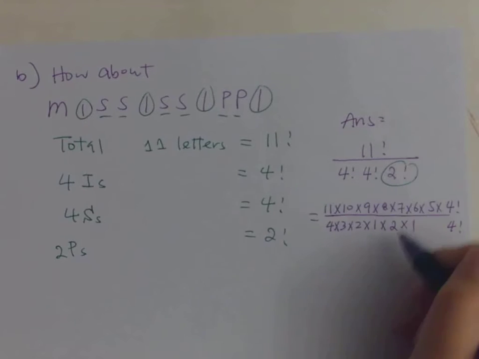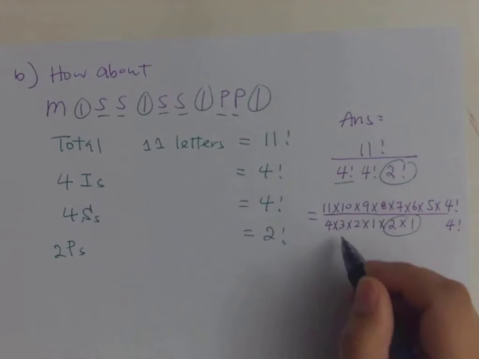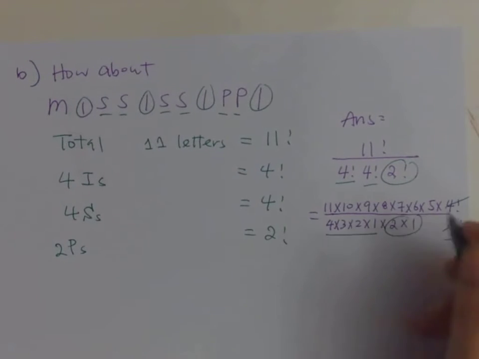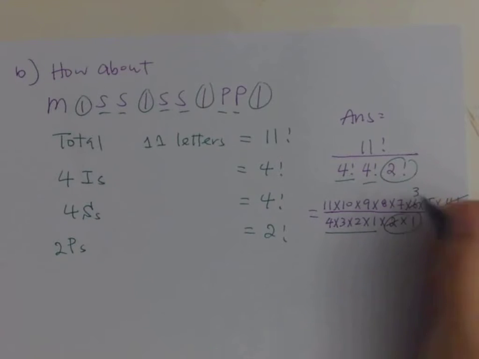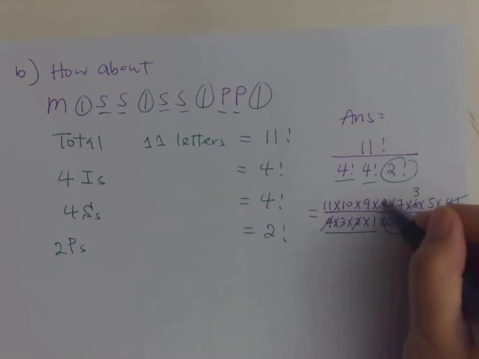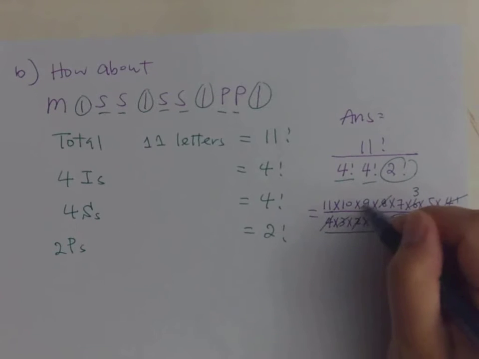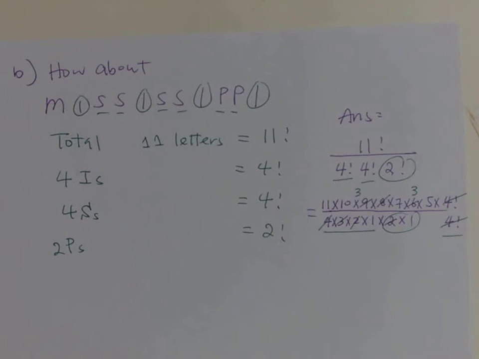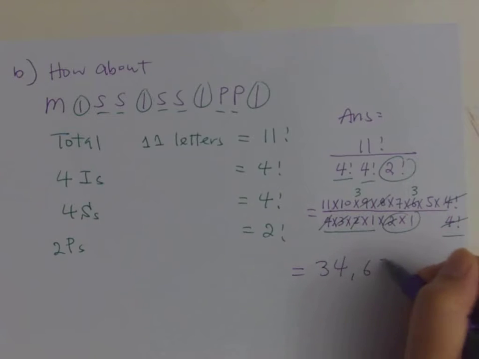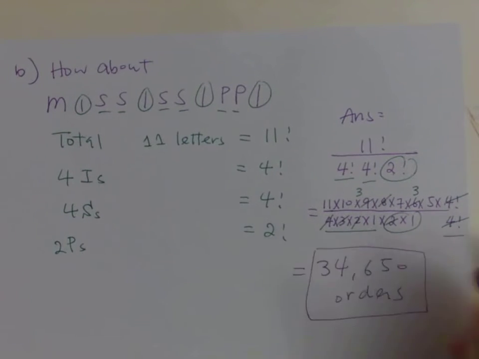So I have 2 times 1 here, I have one of them here, I have one of them here. Okay, so I can reduce. The 4 factorial is gone. I can do 2 times 3 here, and 4 times 2 is 8, so 8 is gone, and then 3 times 3 is 9. So after you multiply all that on top, you should get 34,650 orders. So I think that's a good exam question.